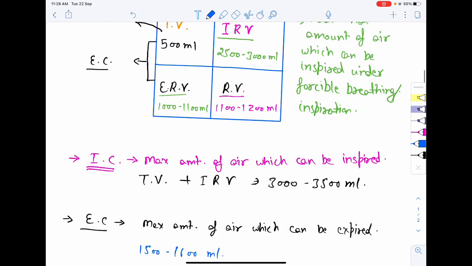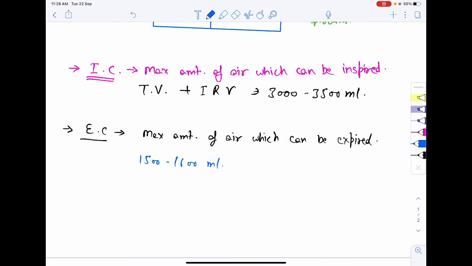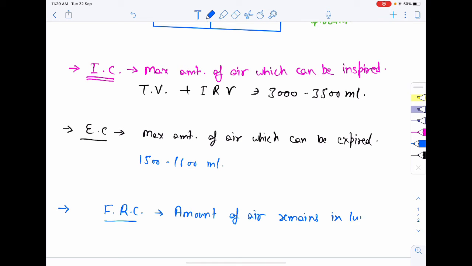Now the next part is functional residual capacity, FRC, or functional residual volume. It is the amount of air which remains in the lungs after normal expiration.